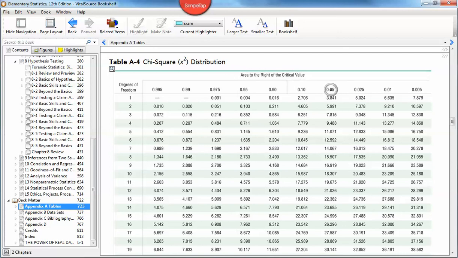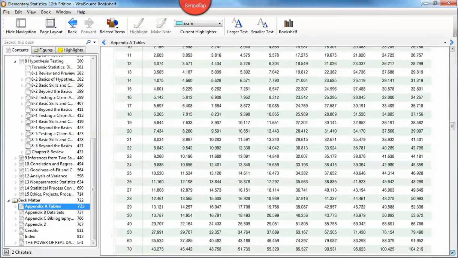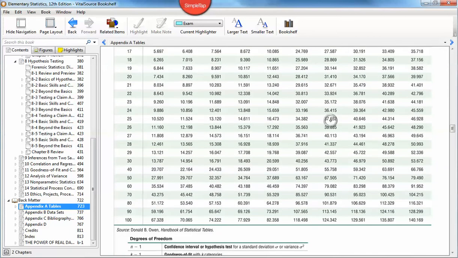So 0.05, this column, and we need to go down to degrees of freedom 40. So our right critical value is 55.758.